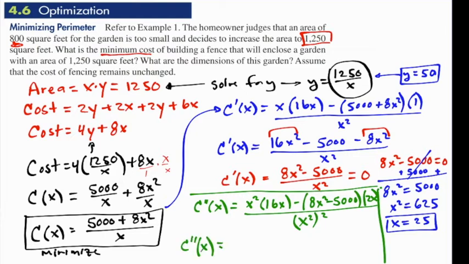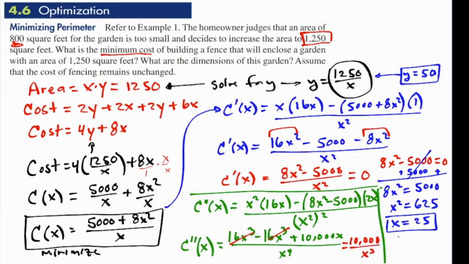And now we're just going to do some simplifying. And we see the 16x cubes cancel, and we're left with 10,000x over x to the fourth, which simplifies to 10,000 over x to the third.